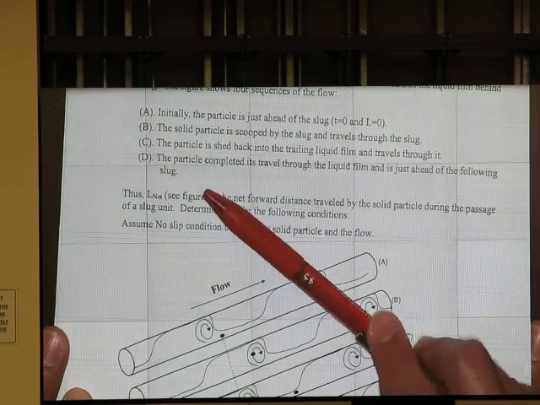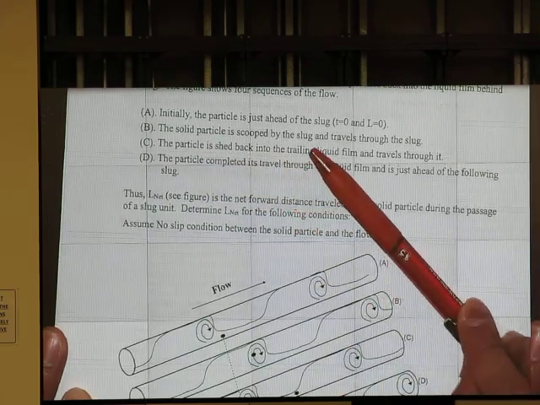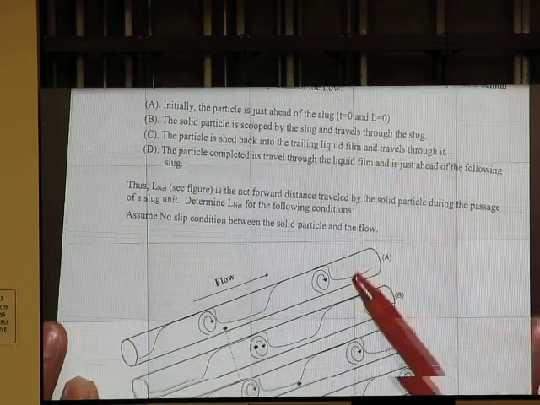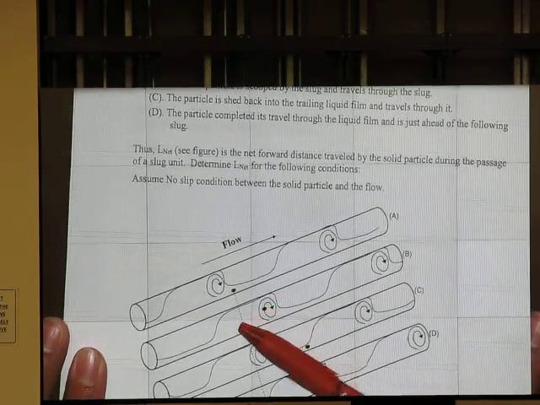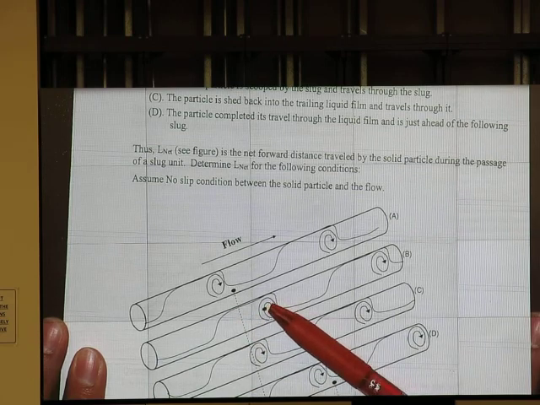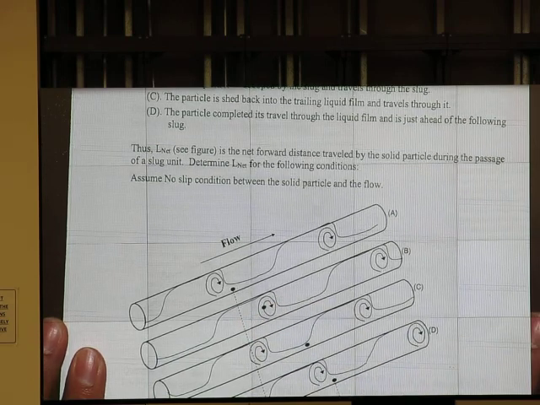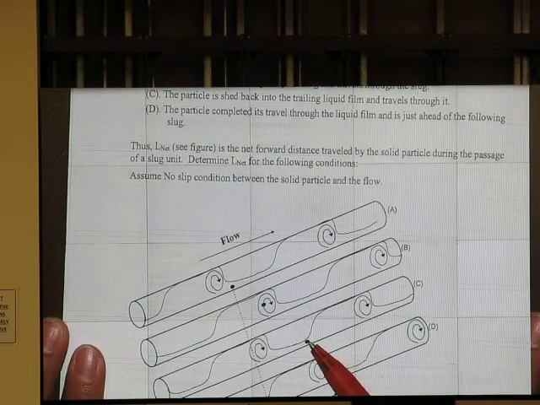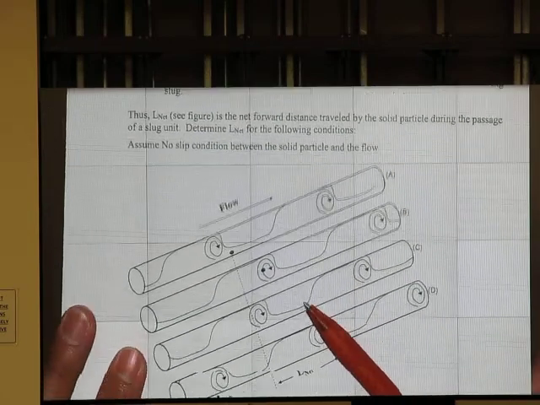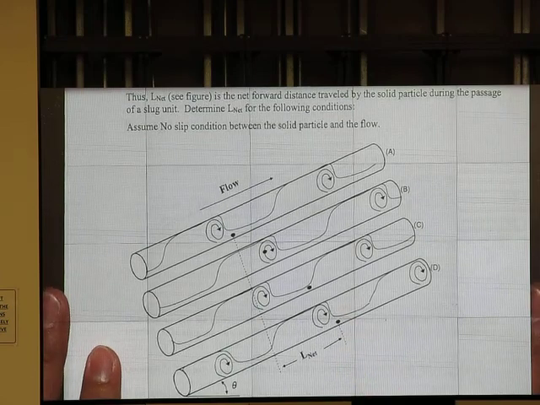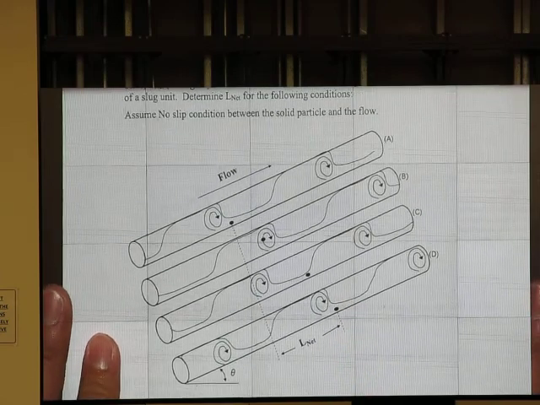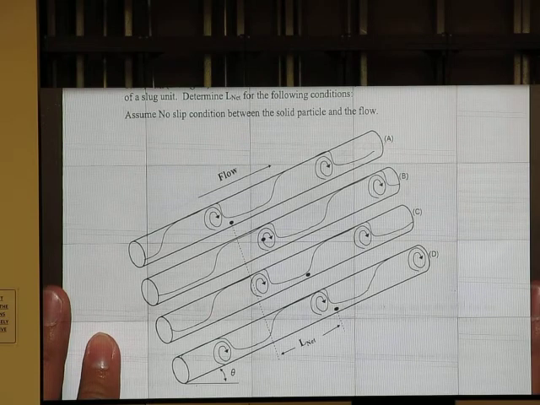And C, the particle is checked back into the trailing film and travels through it. So the particle goes into this one, moves through with the slug, and it moves together with the slug. And the particle checks back at the back. Okay. And then it goes through the film and the next slug hits. In this, we assume there's no slip between the solid phase and the liquid phase.